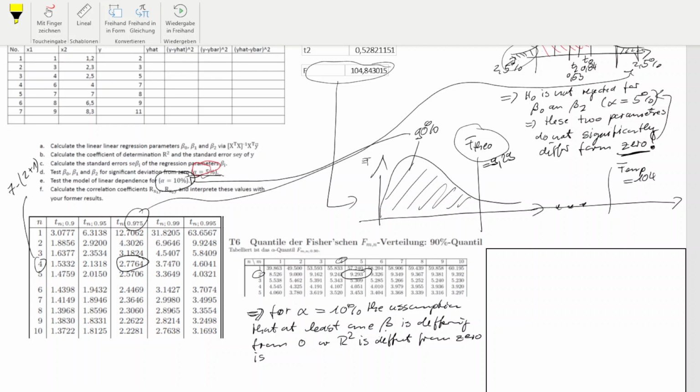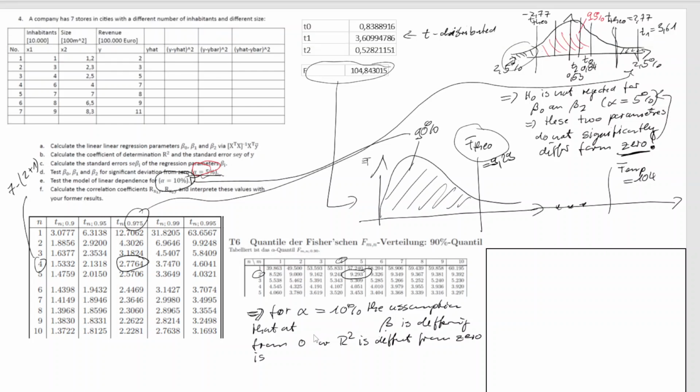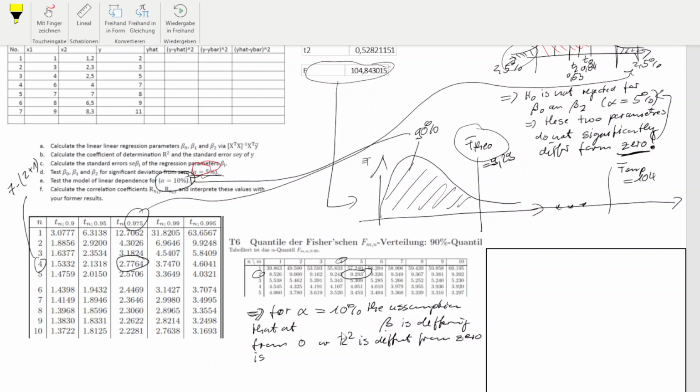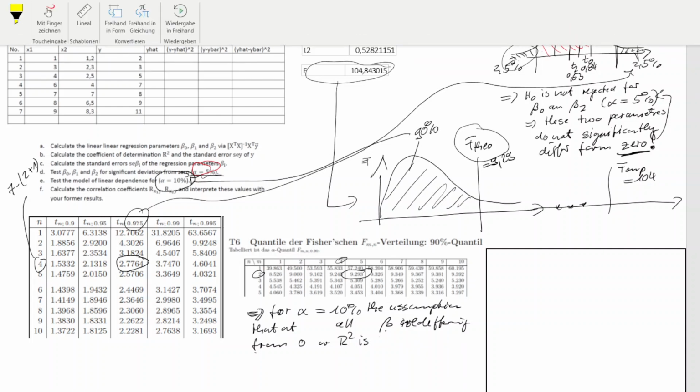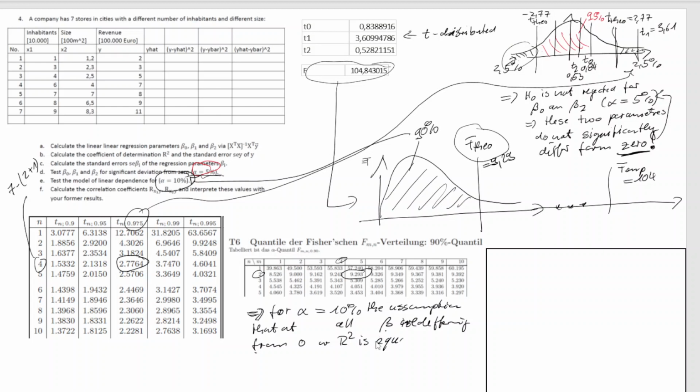The assumption that all betas are equal to 0, or R squared is equal to 0, is rejected. So from this point of view, qualitatively speaking, it is okay that we make a linear regression.